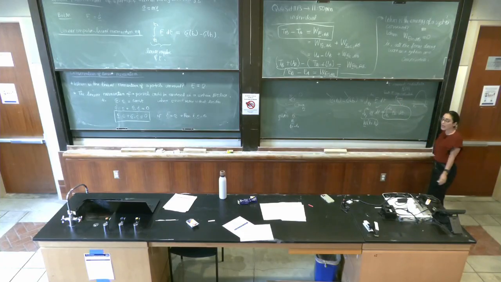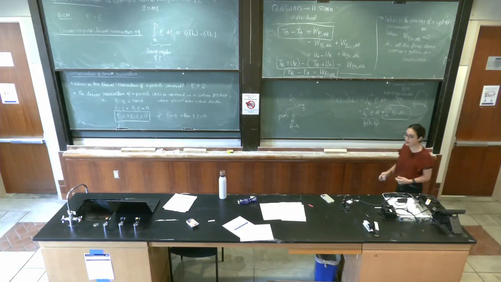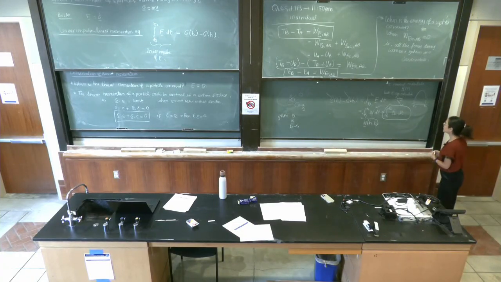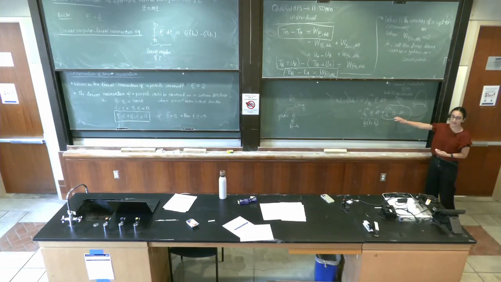The average of the force is, by definition, the value such that this integral is equal to the average times delta t. This integral is the area between F_B and the curve, so that's the impulse.